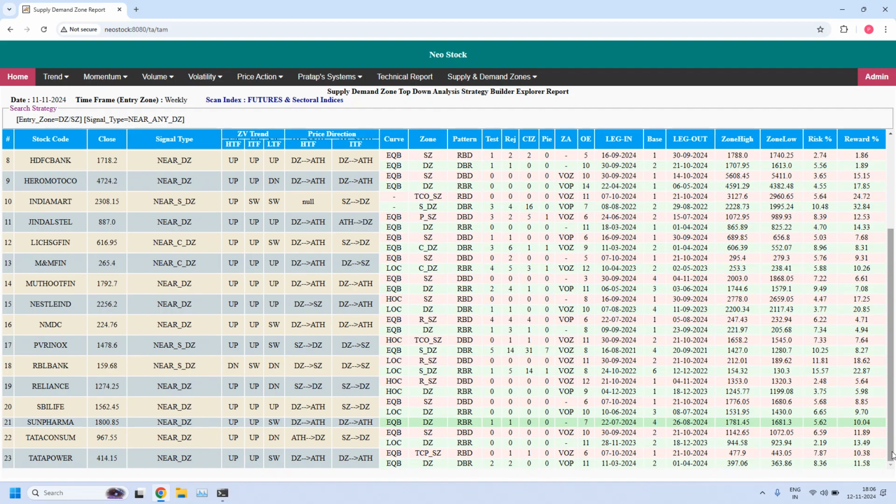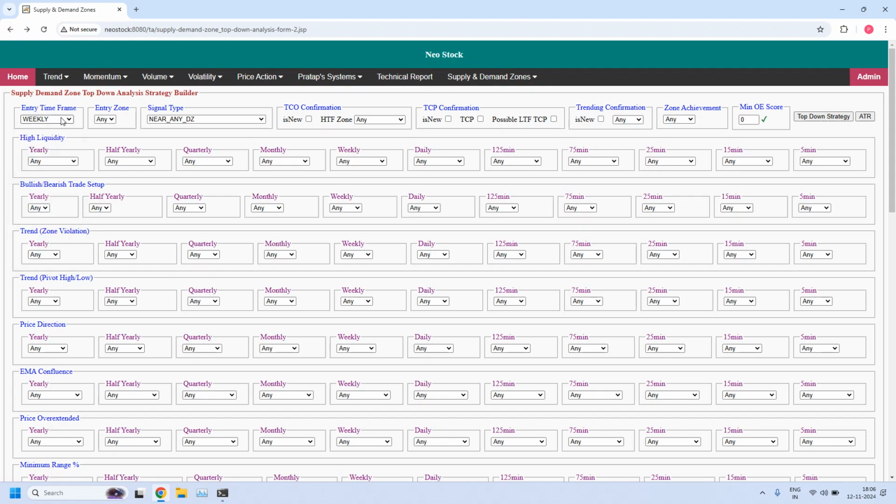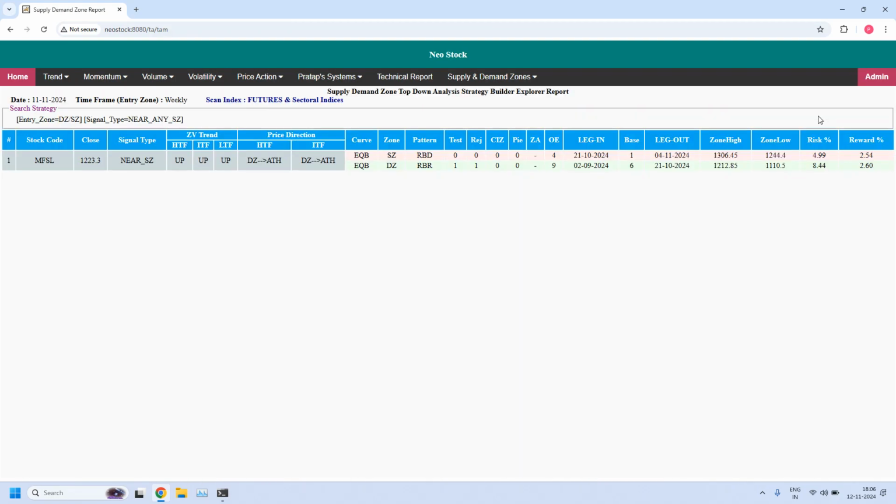So total 23 stocks are filtered. Okay. Next, for weekly time frame, let us find the stocks where prices are near to the weekly supply zone. Only one stock is filtered near to the weekly supply zone.